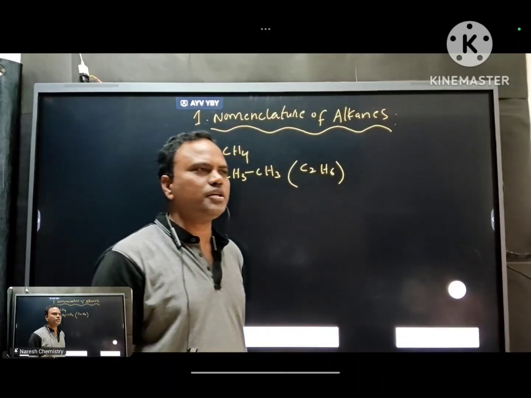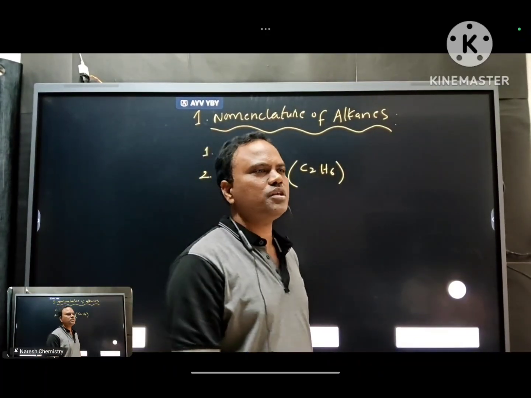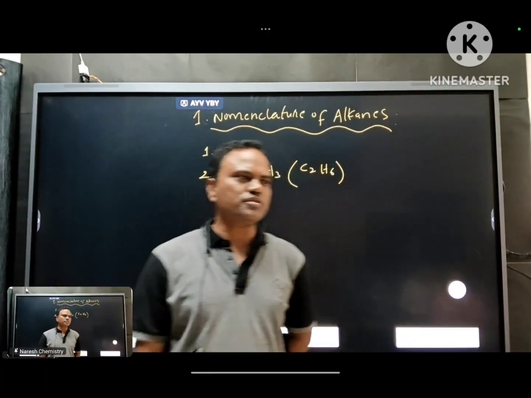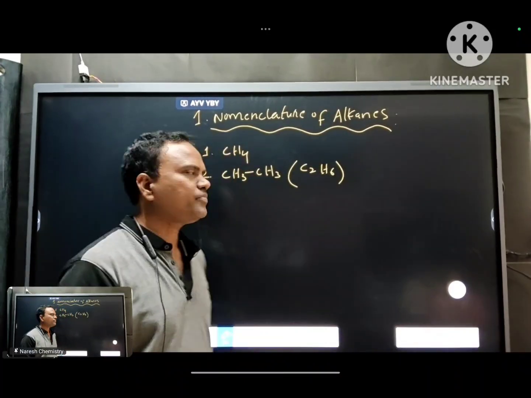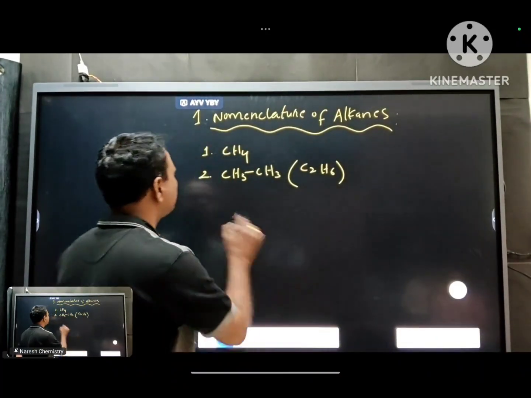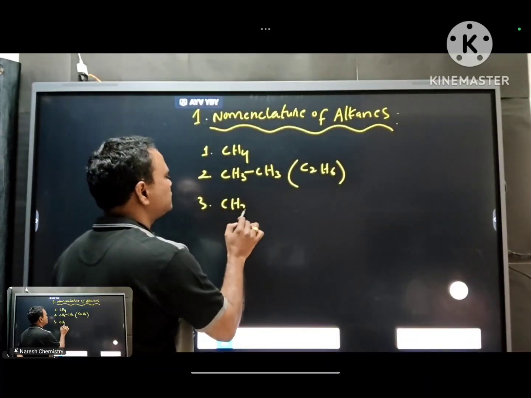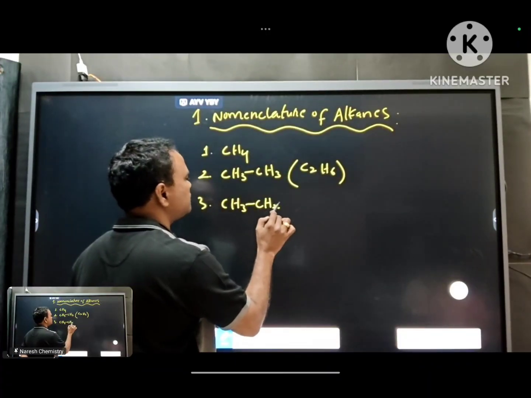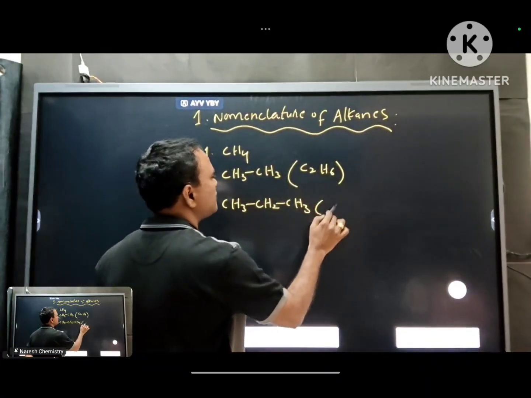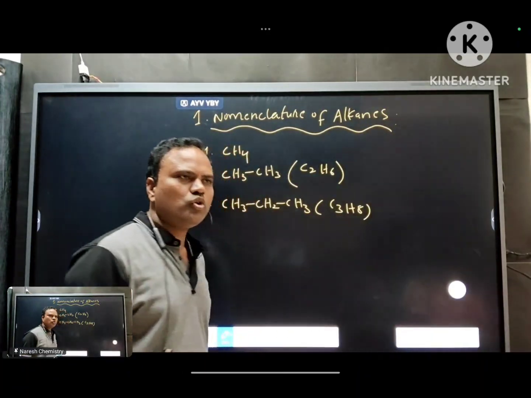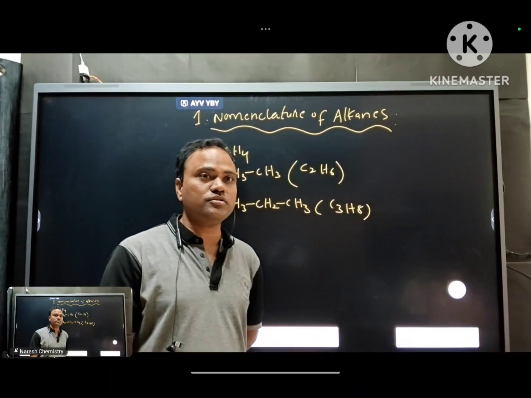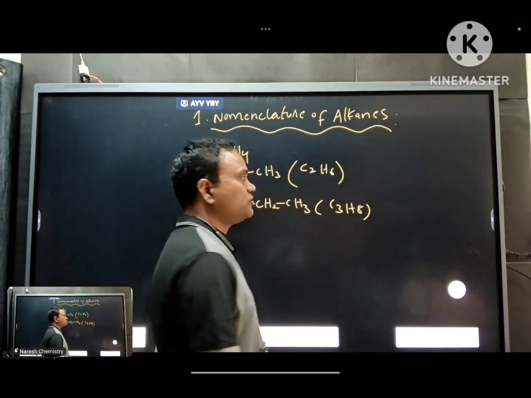In stoichiometry, if ethane is combusted with 5 liters of oxygen, some X grams of CO2 is released. So you should write the formula C2H6. Propane, CH3 CH2 CH3, formula C3H8. Both are homologs. This is also important.